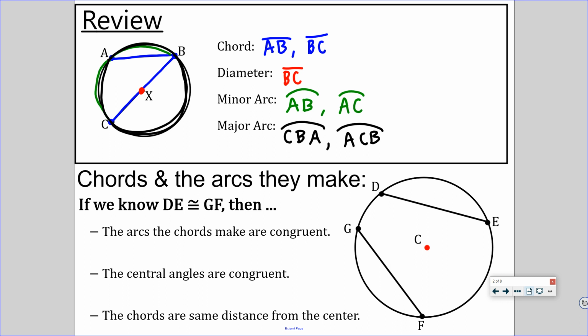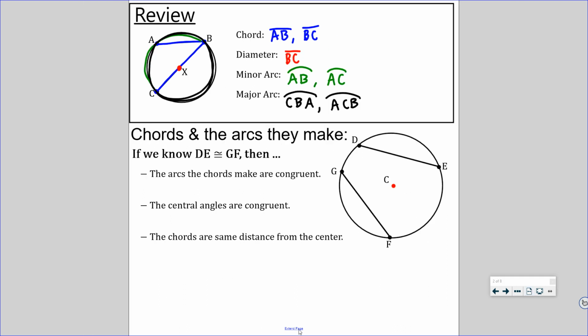Here's one of the big ideas for today. If we know that 2 chords are congruent, meaning the same length, then we know 3 things about these. So let's look at this example. If we know DE, that's a chord, is the same length or is congruent as another chord, such as GF, here's one thing you can conclude.